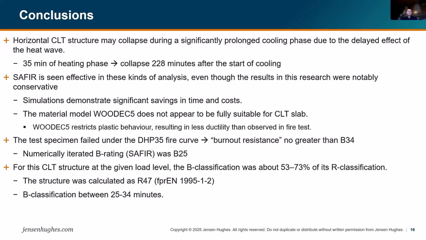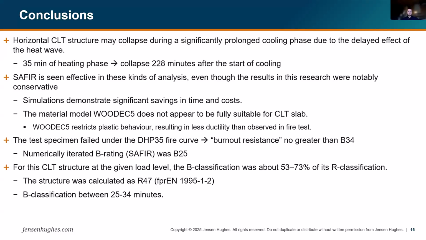So the test specimen failed under the DHP 35 fire curve, meaning that the burnout resistance, or the B rating according to the DHP concept, is no greater than B34. This was then numerically iterated with SAFIR to a B rating of B25, which of course is somewhat conservative in this case, as presented in the deflection curves, for example.